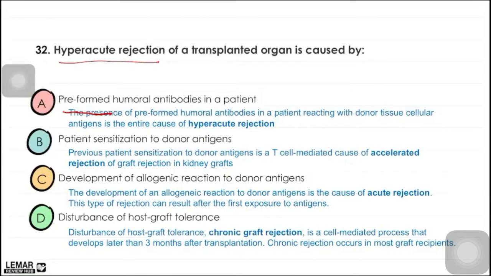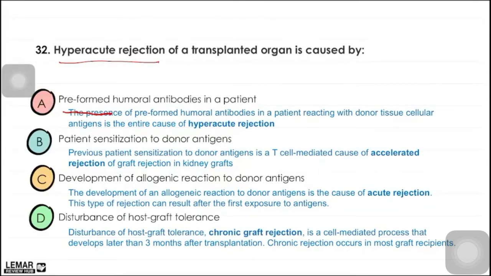Previous patient sensitization to donor antigen is T-cell mediated, caused by accelerated rejection or graft rejection. This is seen among kidney grafts. It is comparable to the second set rejection phenomenon observed in animal models of graft rejection.